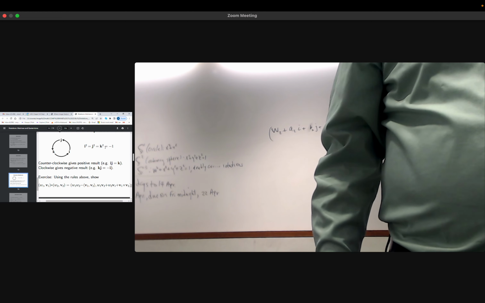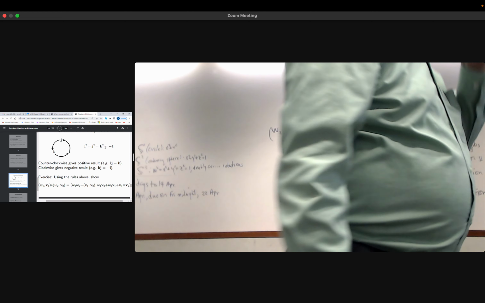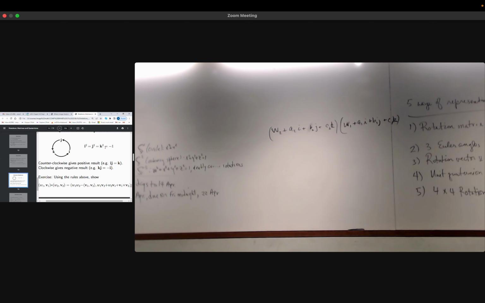See how it works? And the other part of it is, if you go in the opposite order, you need a minus. So i times k is minus k times i. i times j is minus j times i. If the arrow is in the wrong direction, when you want to multiply i times j, it gives you k, but if it's in the opposite direction, j times i, then it gives you minus k, if you're going counterclockwise.